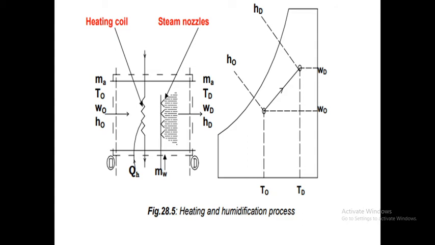The heating and humidification process is represented on the psychrometric chart by an angular line that starts from the given value of the DBT and extends upwards towards the right. Refer to the figure: the initial DBT is T0, the final DBT is TD, the initial enthalpy is H0, and the final enthalpy is HD.